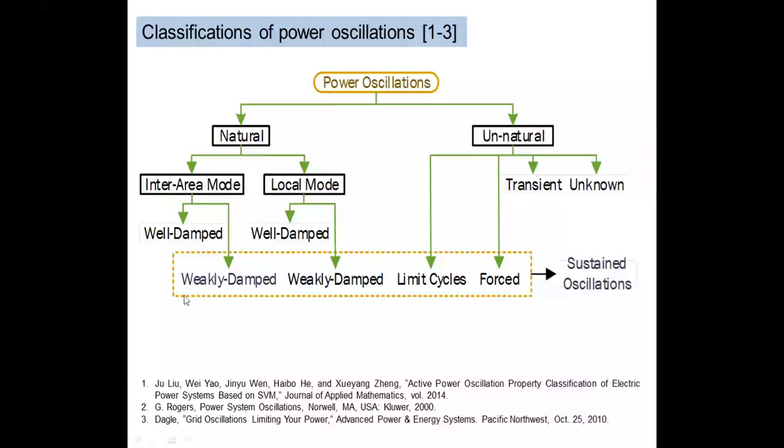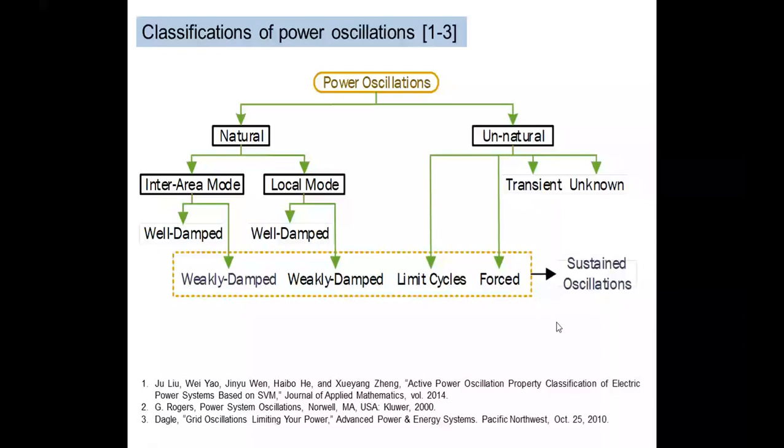Similarly, local modes may have a good damping factor or a poor damping factor. Unnatural ones can be limit cycles or forced oscillations. And again, these forms of oscillations can be of sustained nature, so they will exist for a few cycles of swing occurrence.